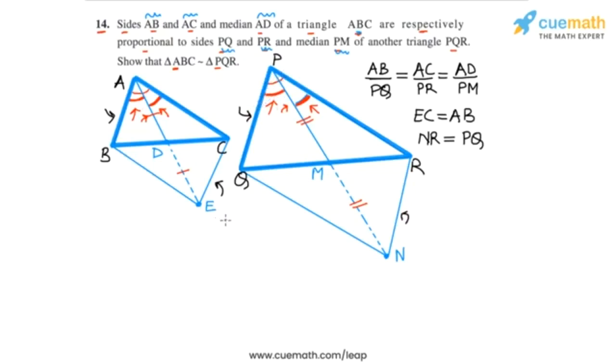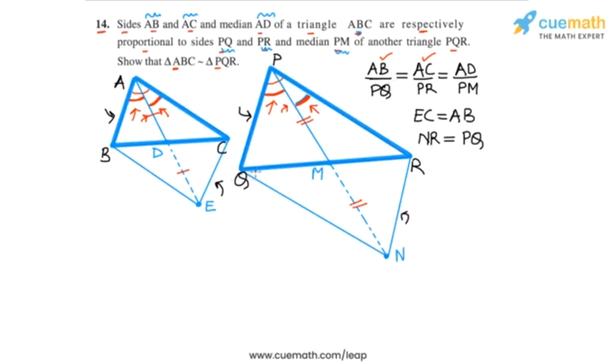AB by PQ is equal to AC by PR because that's already given to us. And so by the SAS similarity criterion, we can finally show that these two triangles are similar. So that's the plan we will follow to solve this problem. Now before I write out the solution, I would recommend that you pause the video and recall the plan in your mind once again to make sure that you fully understand it.